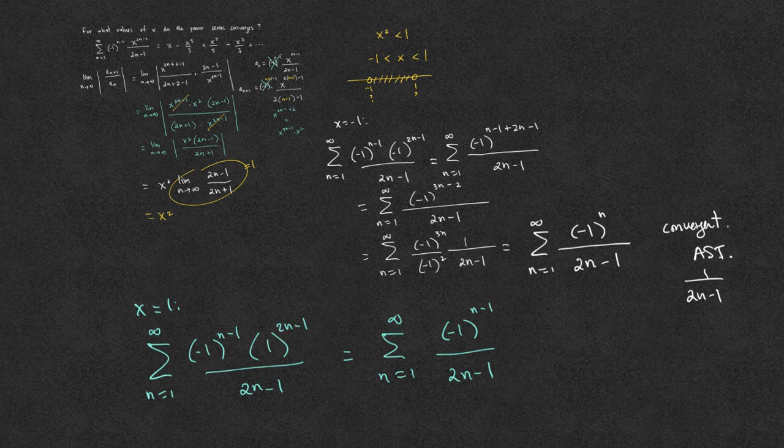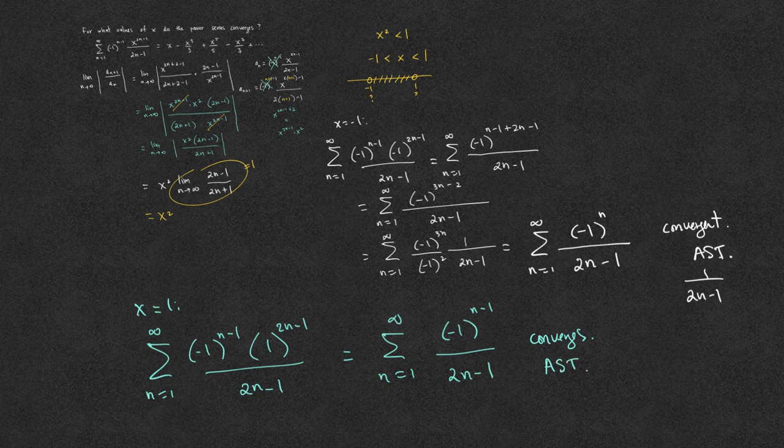This is also an alternating series, and for the same reason, 1 over 2n-1 goes to 0, and 1 over 2n-1 is decreasing, so this series also converges. And again, this is by the alternating series test.